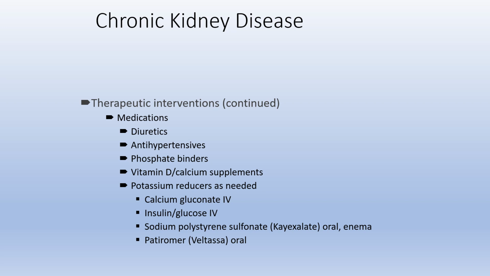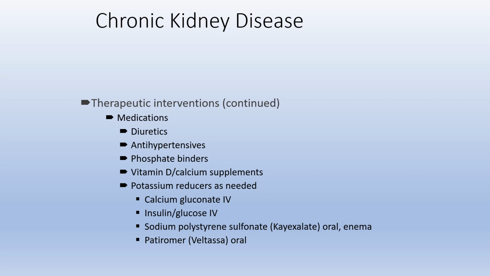So, medications. Early in the disease, diuretics are given to increase output, and ACE inhibitors, ARBs, calcium channel blockers, or beta blockers may be used to control hypertension. Phosphate binders are given with meals to reduce phosphate levels. Calcium and vitamin D supplements are used to raise calcium levels. Both the active and storage forms of vitamin D should be considered to decrease fractures, cancer, and infection rates and to improve cardiac function.